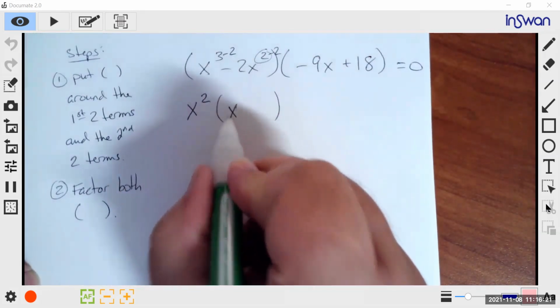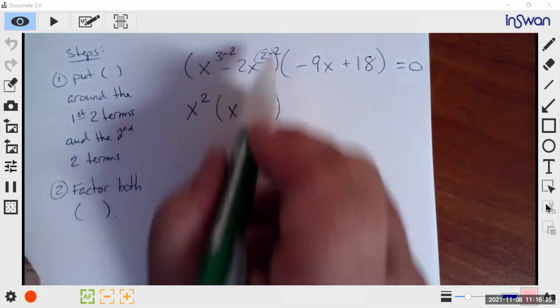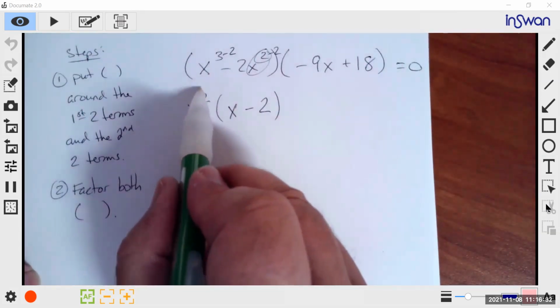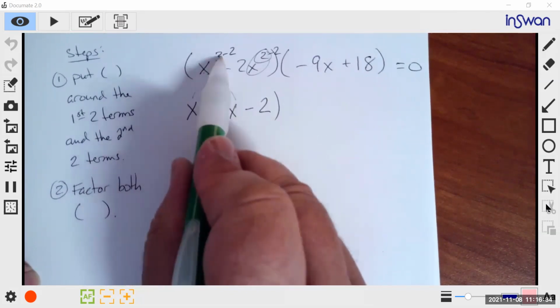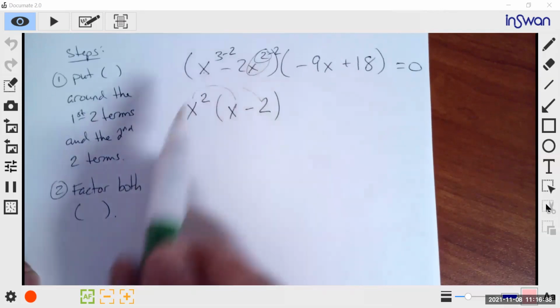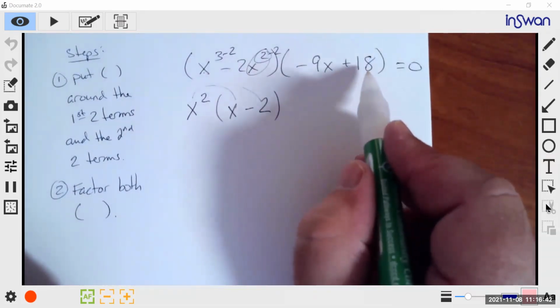So the first one is x minus 2. I took away all the x's there. Before you go further, check. x squared times x is x cubed. x squared times negative 2 is negative 2x squared. That works. Now factor the second one.